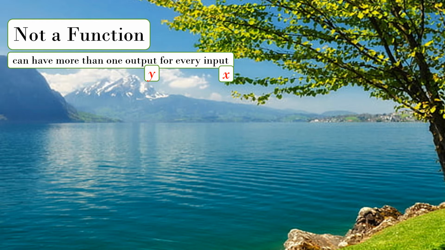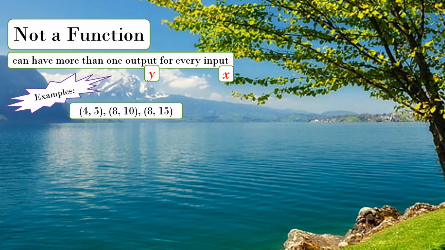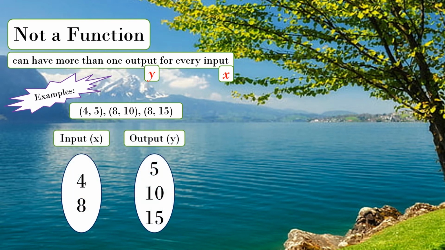Okay, let us understand more using examples. So this is a set of ordered pairs. A set of ordered pairs or a set of points. Remember that, no? Okay, so separate inputs from the outputs. There you go. Now connect 4 to 5, 8 to 10, 8 to 15.